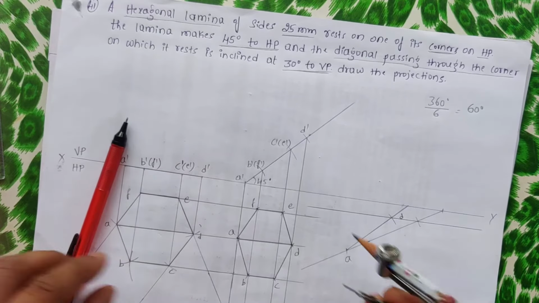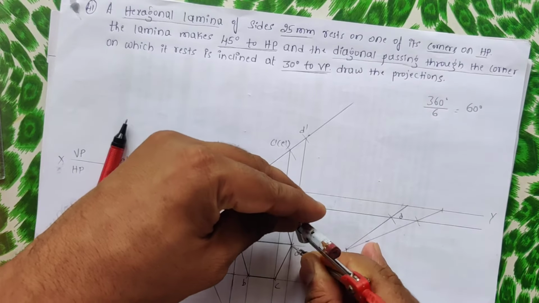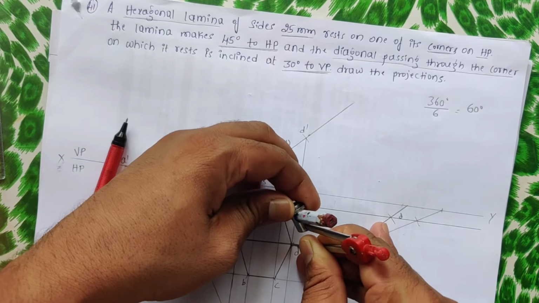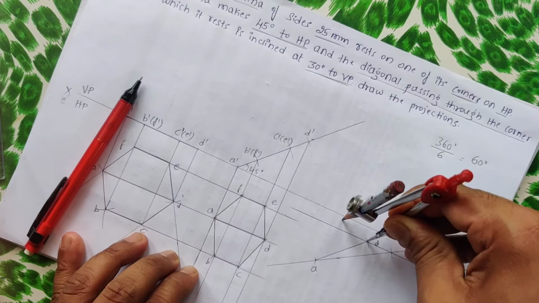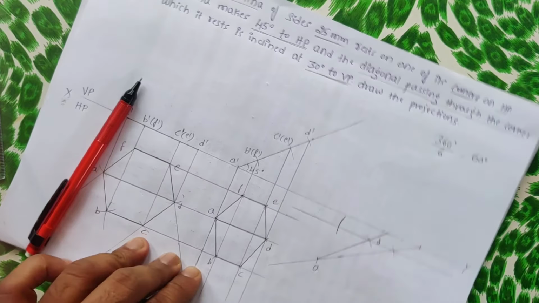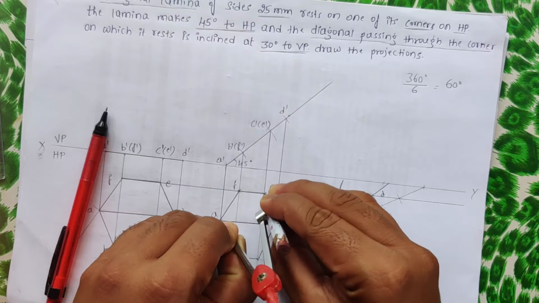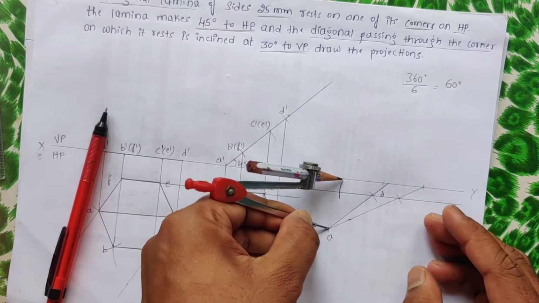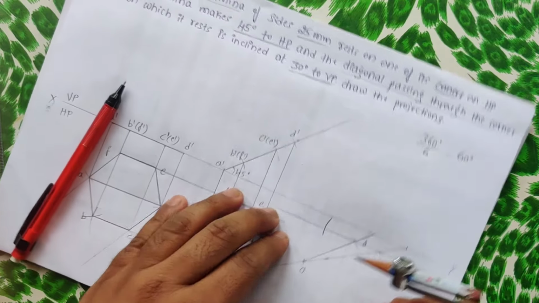So now let me measure for DE first. D and DE, and then AE. So A to E will get it here. So it is not touching the XY line, thankfully.